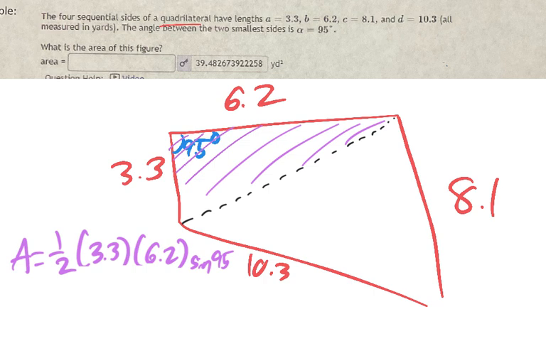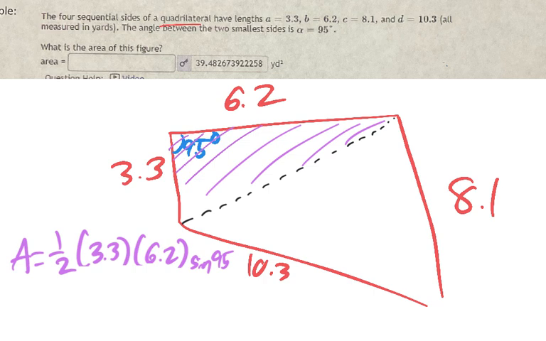So how can I find the area of this piece? Any ideas? We do have that other area formula using the semi-perimeter. To use the semi-perimeter, I would need to know all three sides. Do I know all three sides? No. Could I find the third side? Yes. How?